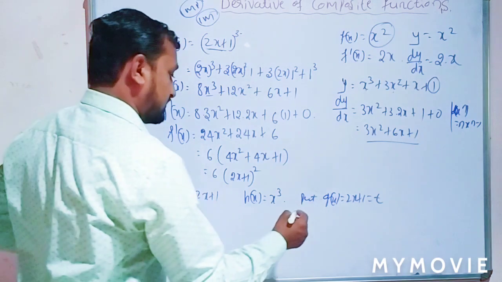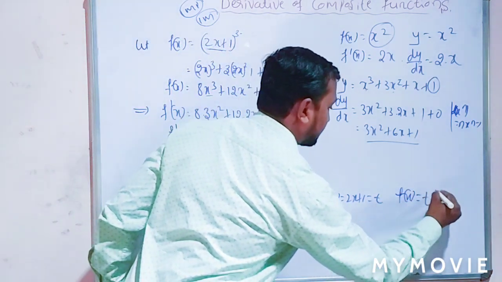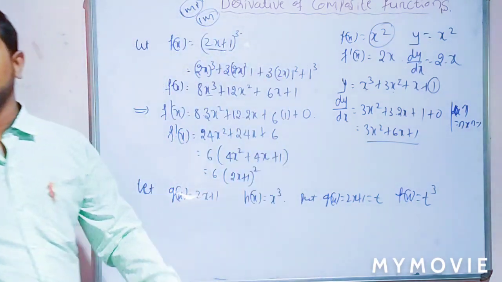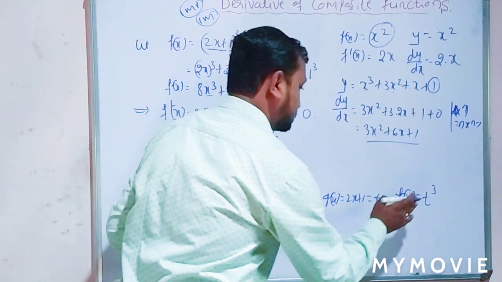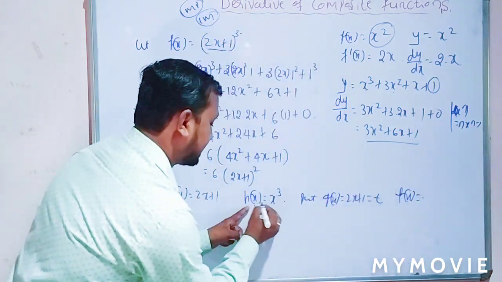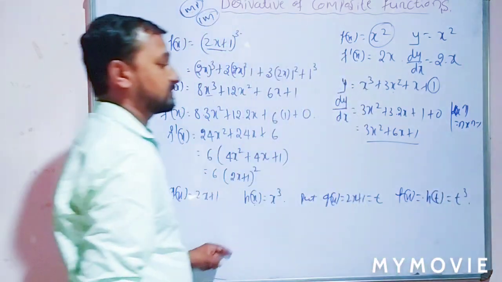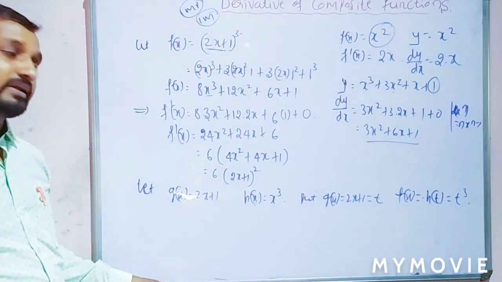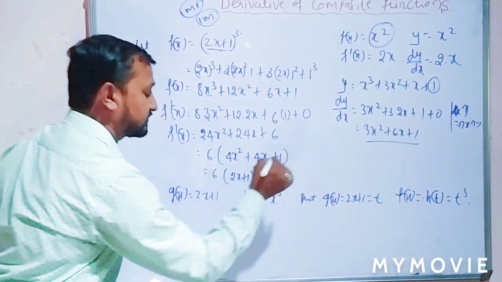So f of x is equal to t cube. f of x is nothing but h of t, and h of t is equal to t cube. Okay. This is equation number 1.